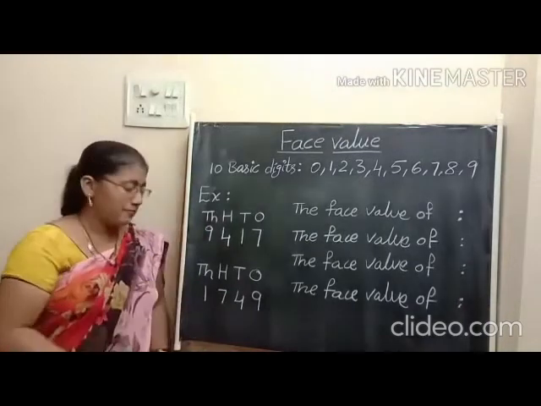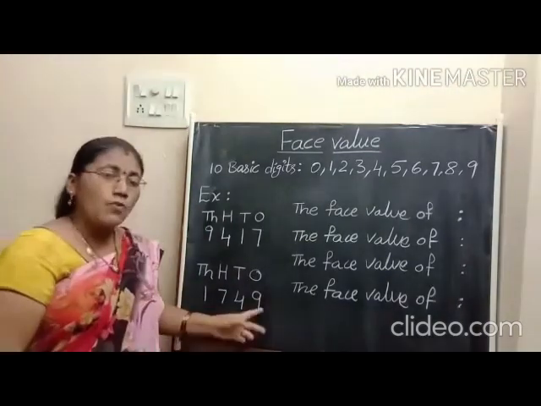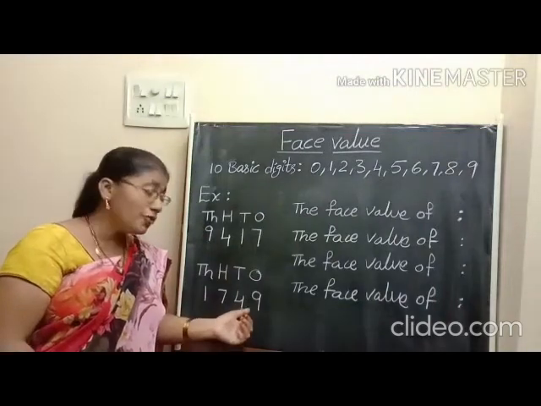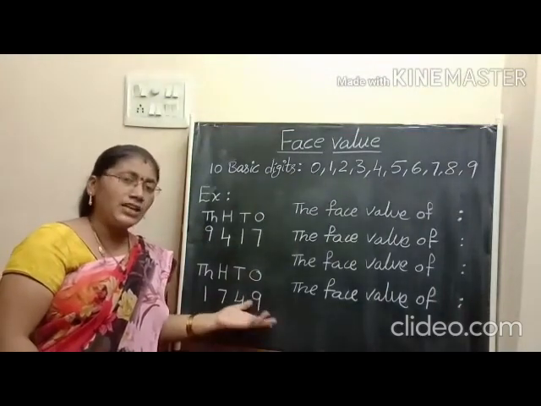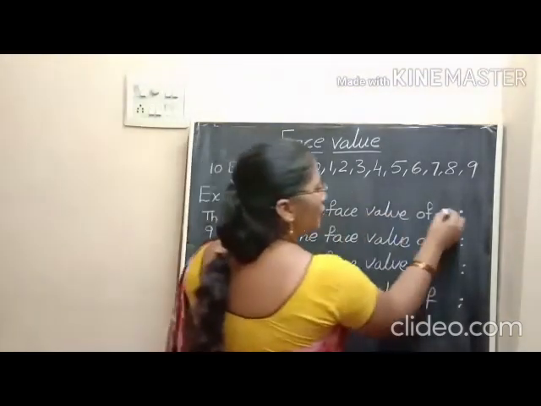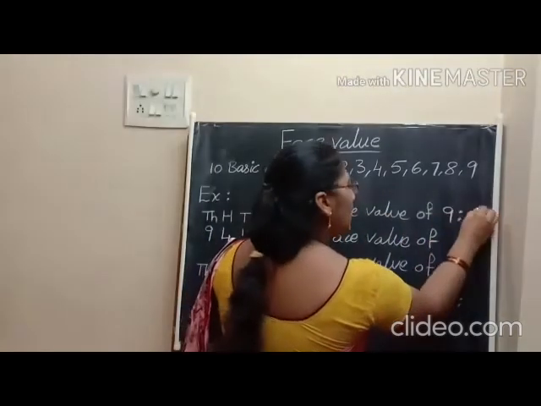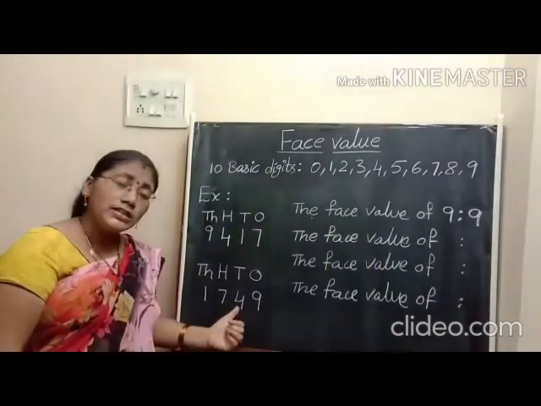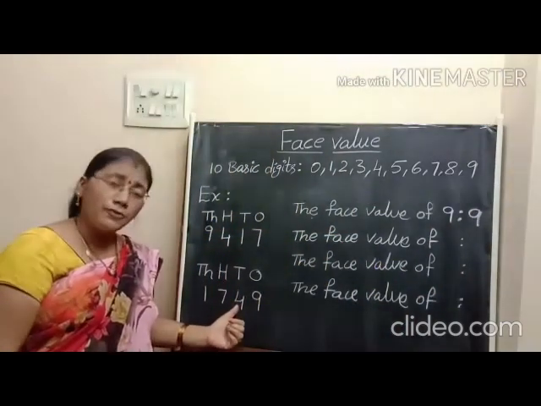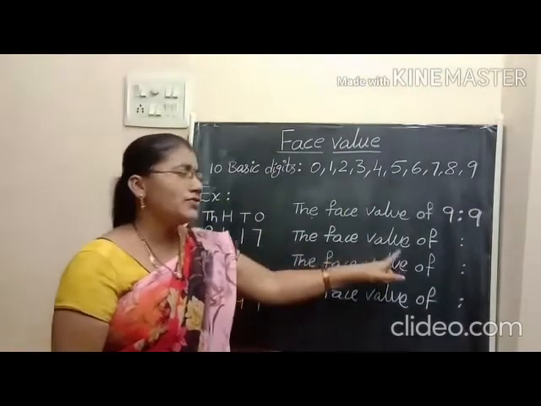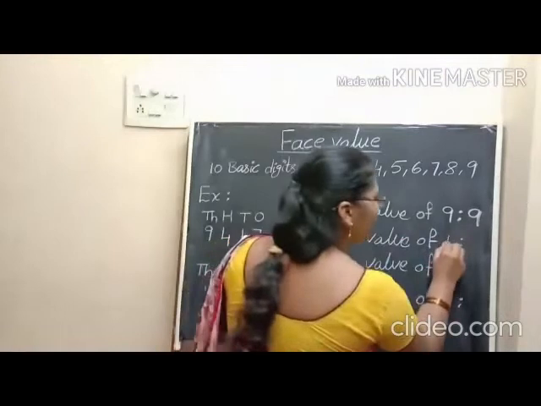Let us see. 9. What is the value of the digit 9? That is 9 only. The face value of 9 is 9 only. Then what is the value of digit 4? That is 4 only. So the face value of 4 is 4.